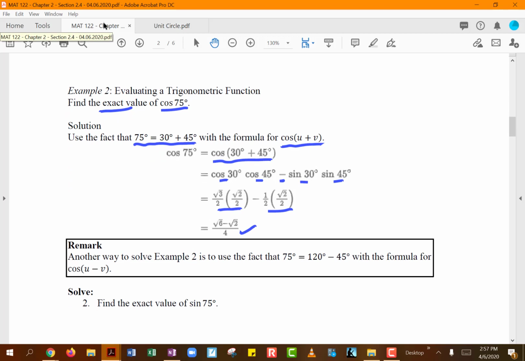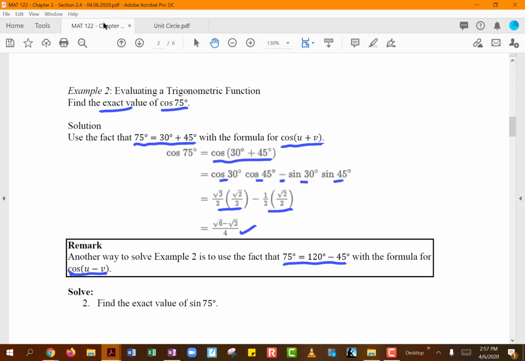And just as a note, they are saying if you didn't see 75 as 30 plus 45, you could also rewrite 75 degrees as 120 minus 45 degrees, and then instead of using the cosine u plus v formula, you could have used the cosine u minus v formula, and of course you should still get the same results.